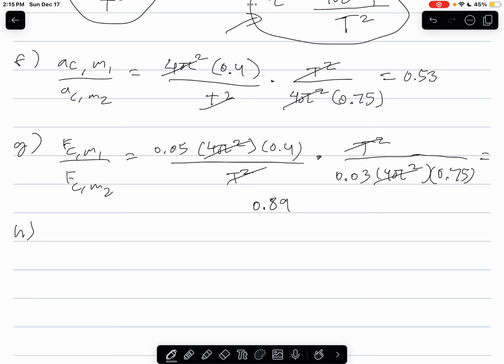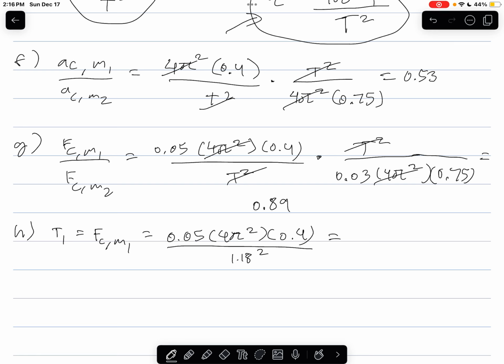And then for part H, it asks what is the magnitude of the tension. For T1, it's going to be the centripetal force. I'm going to use the formula I got above: 0.05 times 4 pi squared times 0.4 over T squared, where T was 1.18 squared.